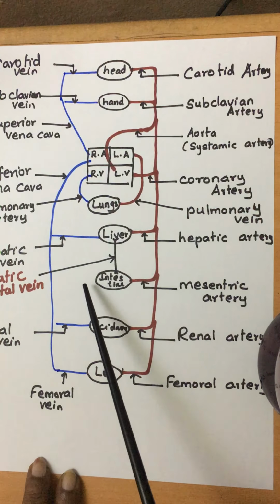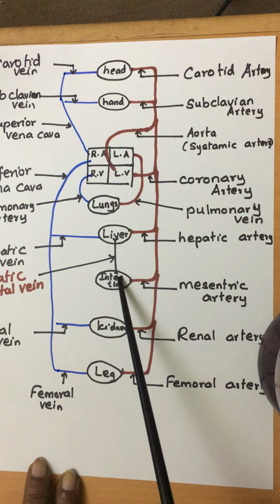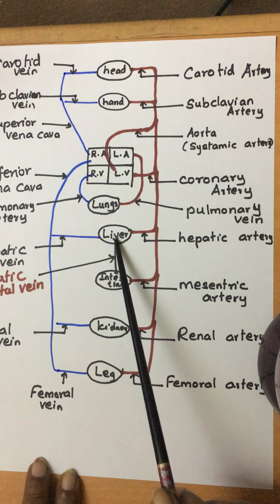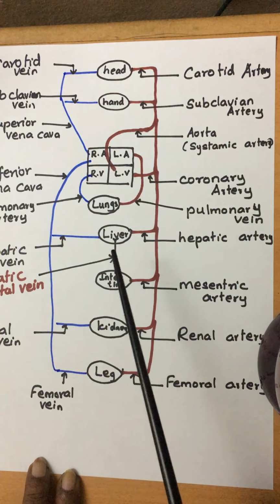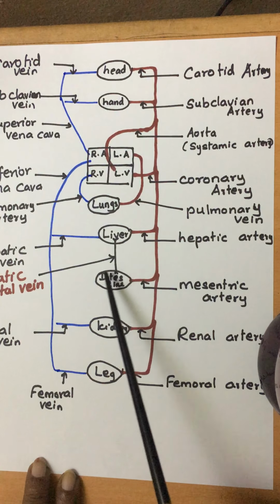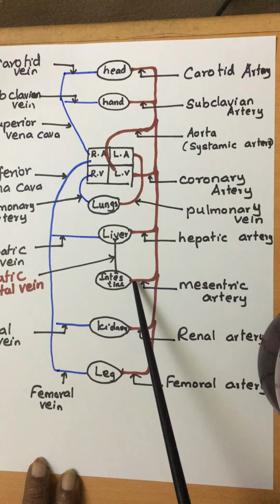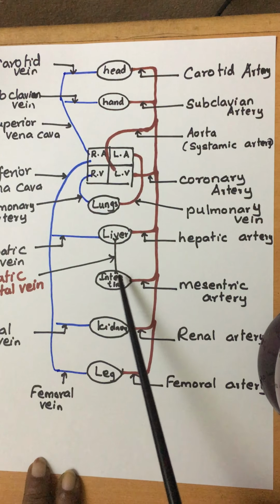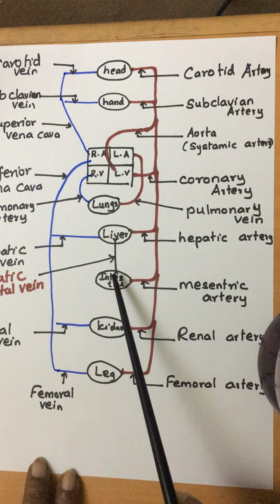Here there is no vein directly. There is a blood vessel between the intestine and the liver, the hepatic portal vein, because the function of the intestine is absorbing digested food. The intestine has villi, or microvilli.